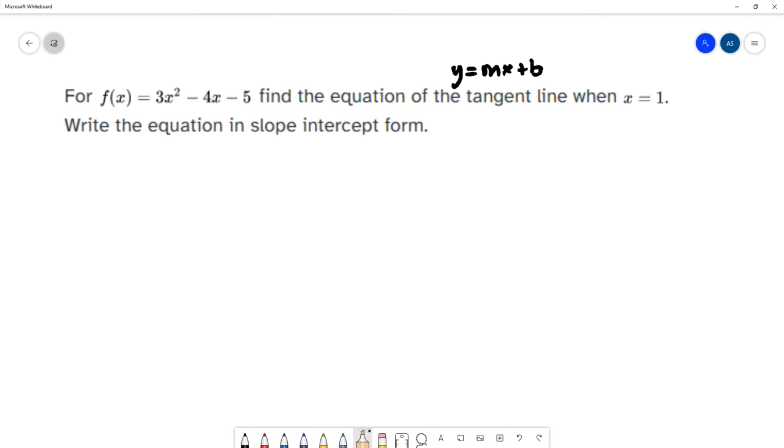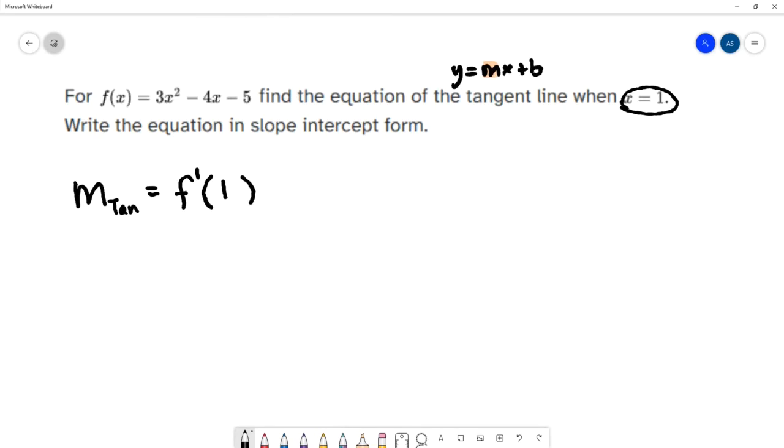And the slope of the tangent line, let's say that's m sub tan, will be the derivative of our function, evaluated at whatever particular x value we're using. So we can find the slope of the tangent line by calculating the derivative and substituting that x value in.